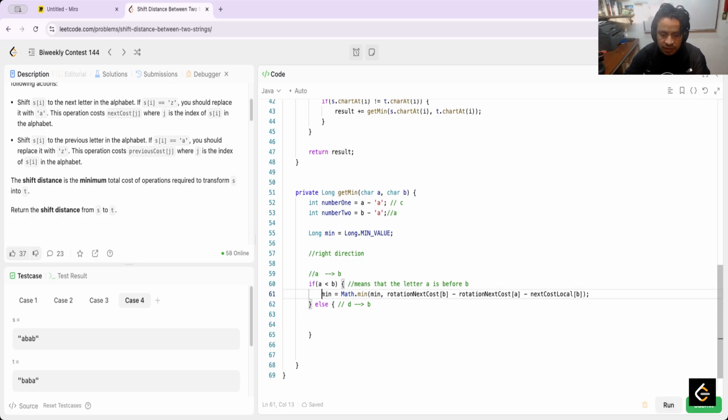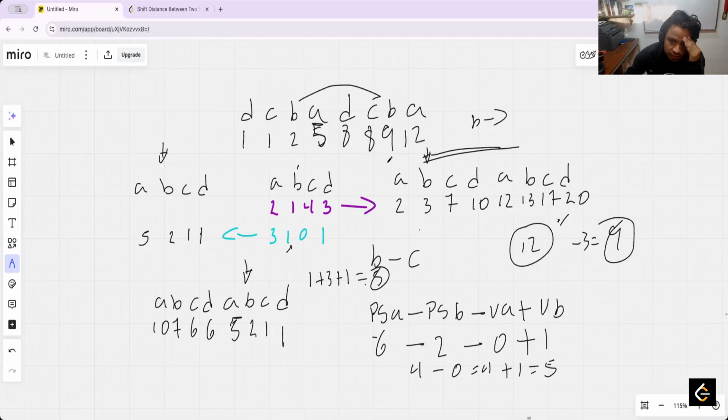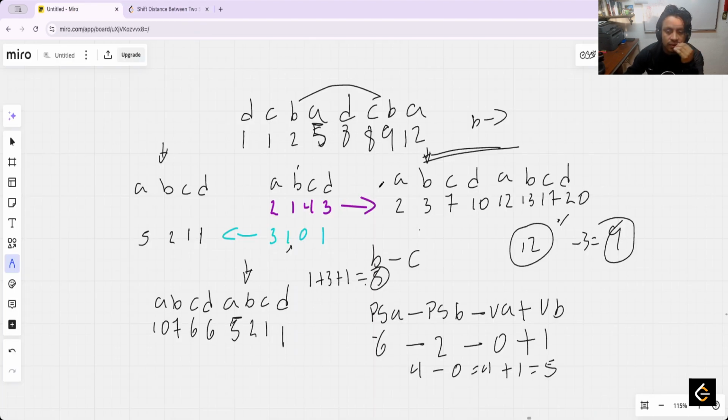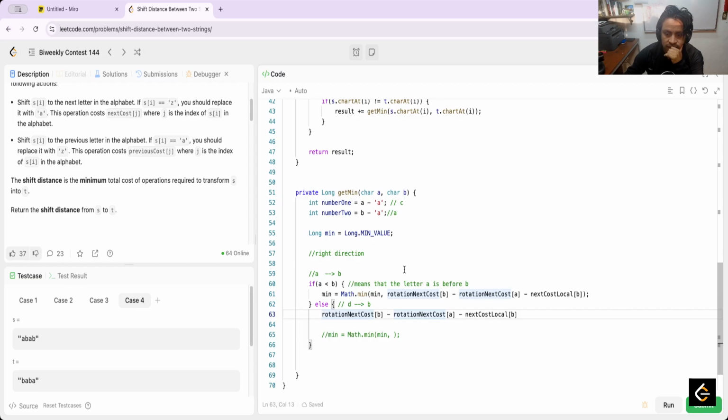In this moment, here is that, okay, in this case is starting in the letter B. No, in this case is letter B plus 25.